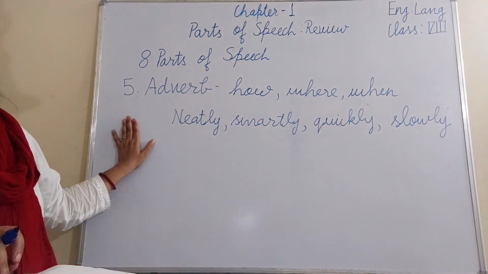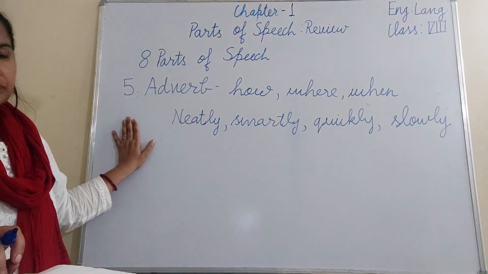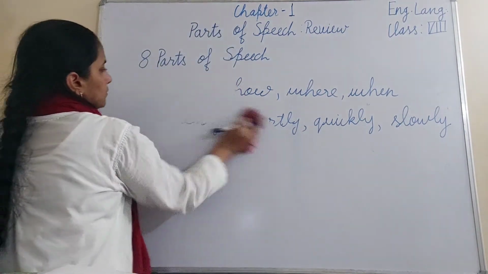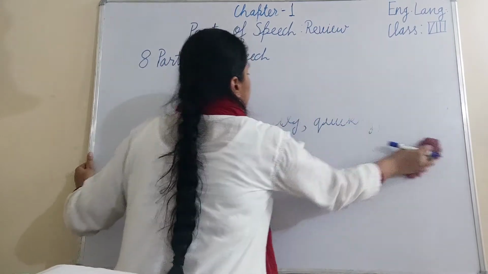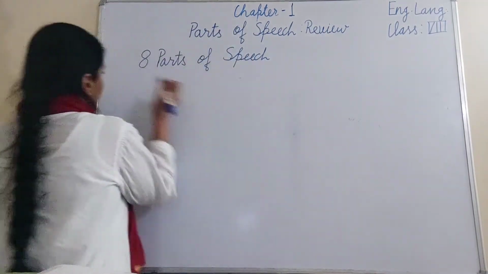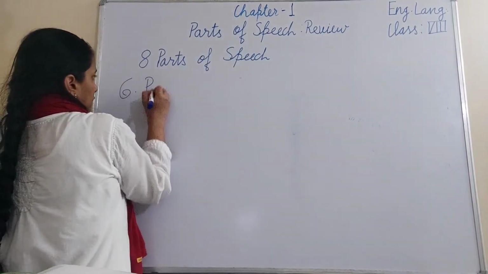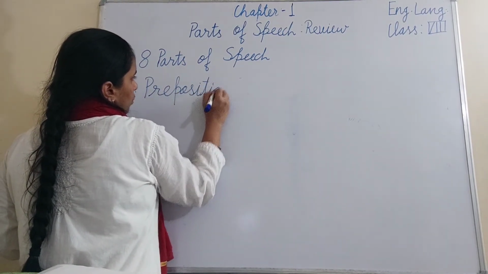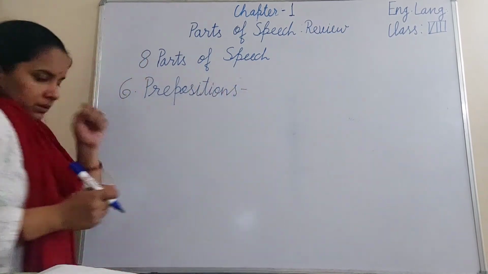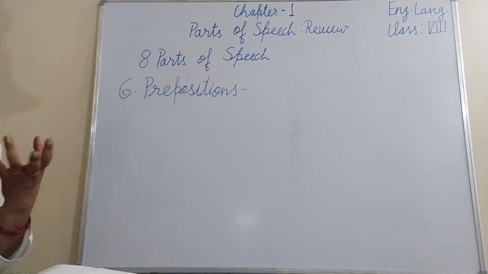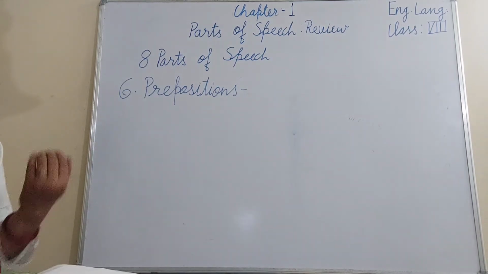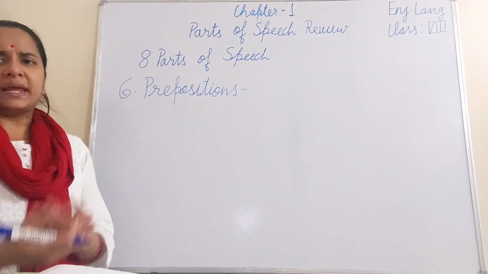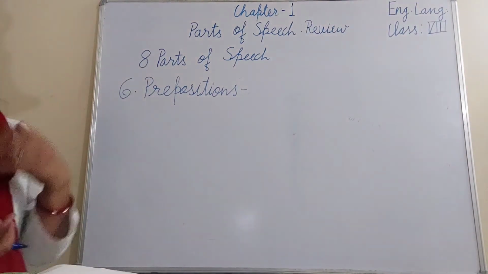The next part of speech is preposition. The sixth part of speech is preposition. What are the prepositions? The preposition is a word which is used before the noun or pronoun to show the place or the time or the method.